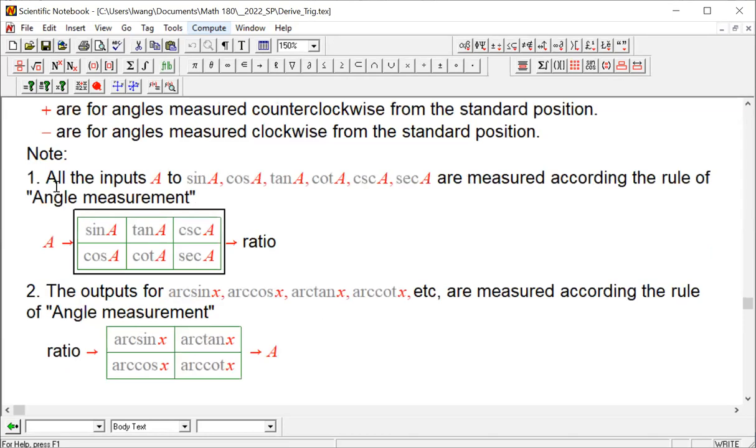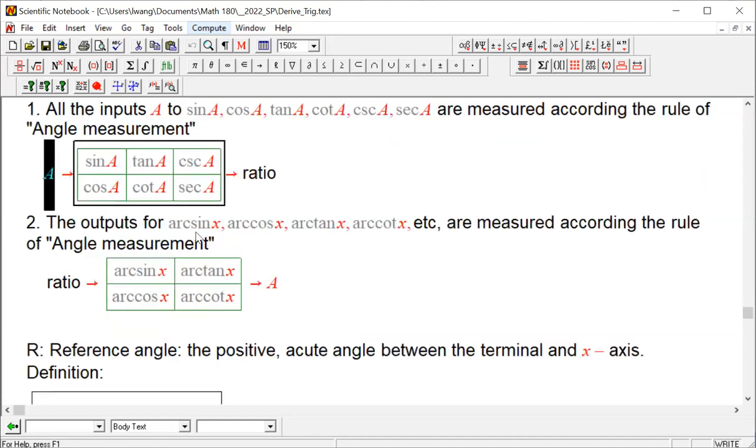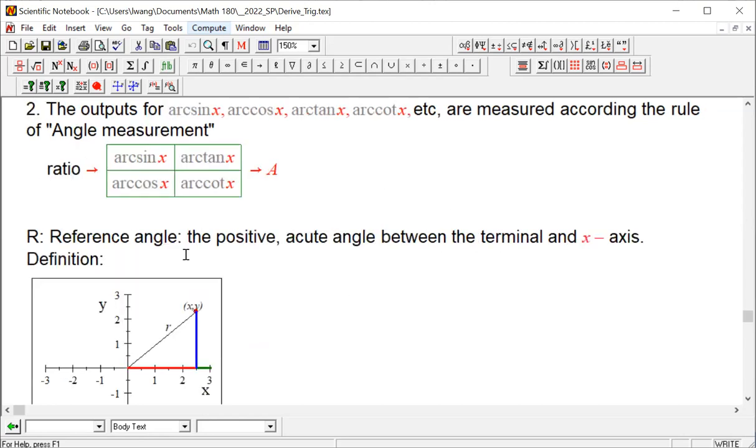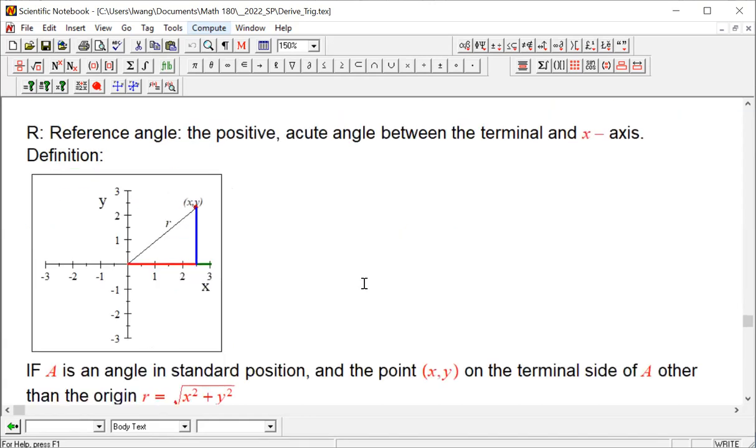All the inputs for sine, cosine, tangent, cotangent, secant, cosecant are measured in the angle measurement way. And the outputs for arc sine, arc cosine, arc tangent, arc cotangent are also angles measured according to the angle measurement rule.